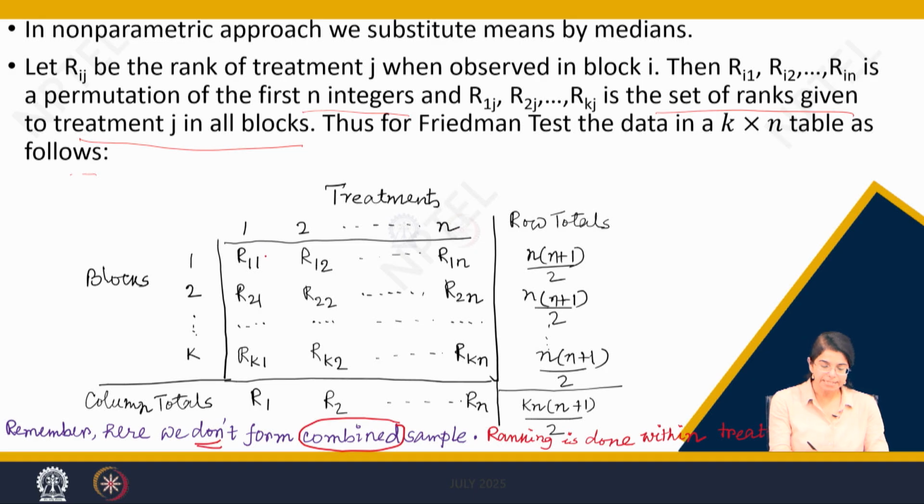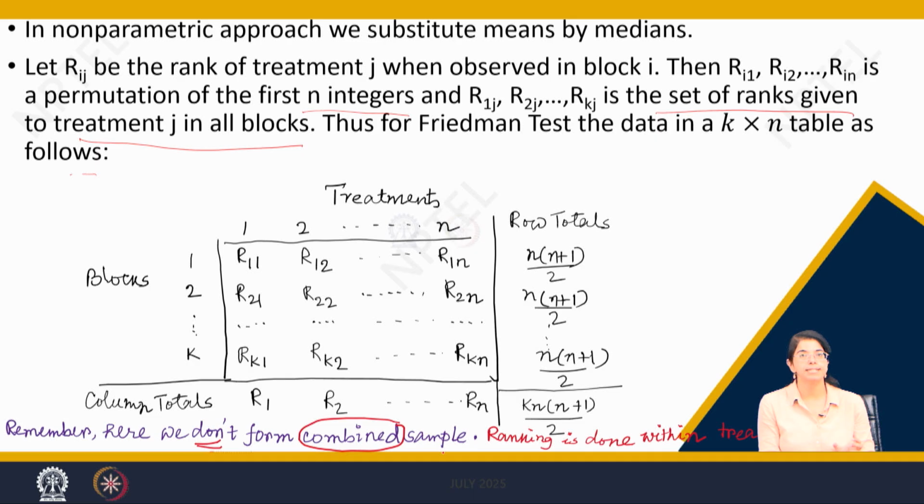So that means R11, R21, ..., Rk1, these are one treatment, and you are making the blockwise ranking. Clear? So remember, as I am saying, we don't form a combined sample here.